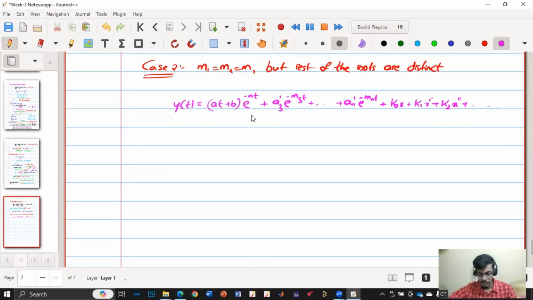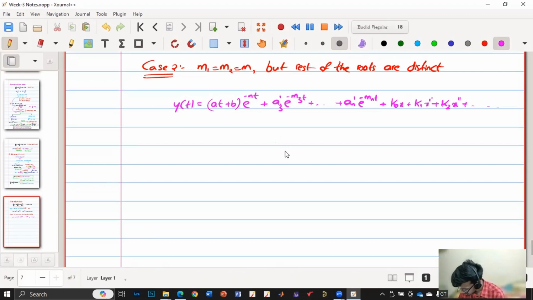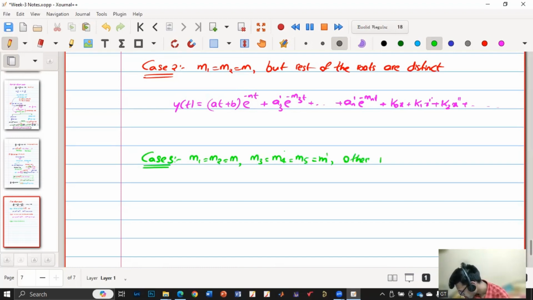But before concluding this part, I'll give another one last tricky case. Say m1 is equal to m2 is equal to m, and m3 is equal to m4 is equal to m5 is equal to say m dash. The other roots are distinct. Now in this case, what will happen?